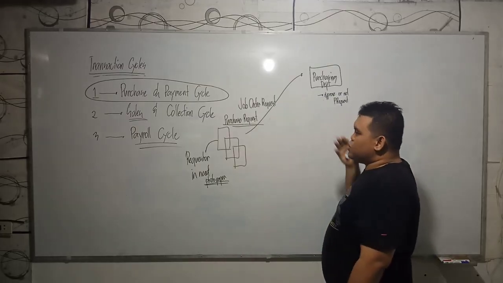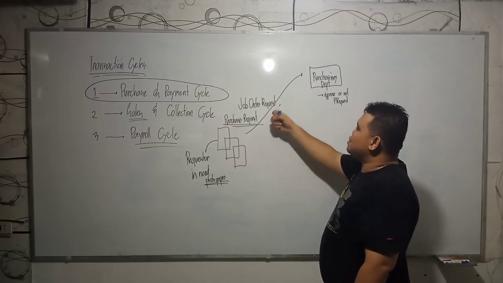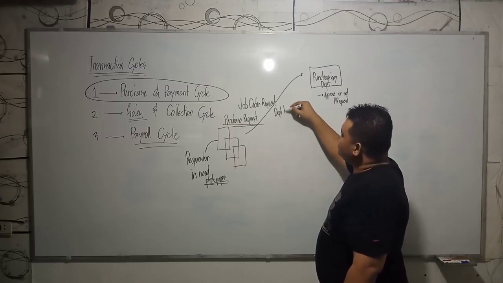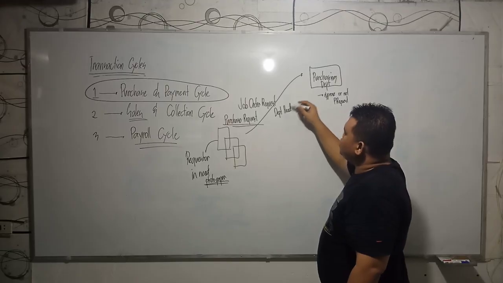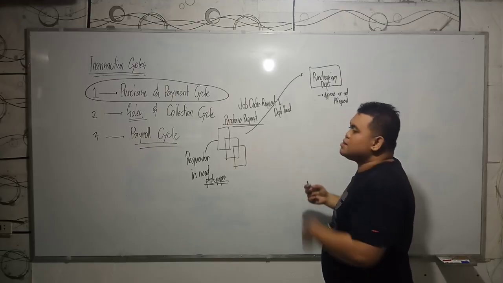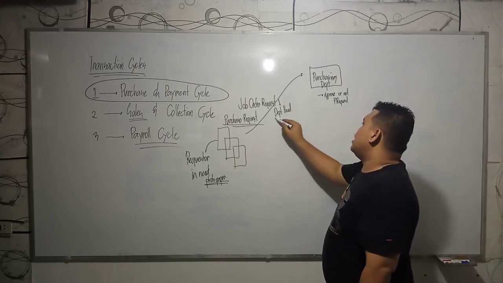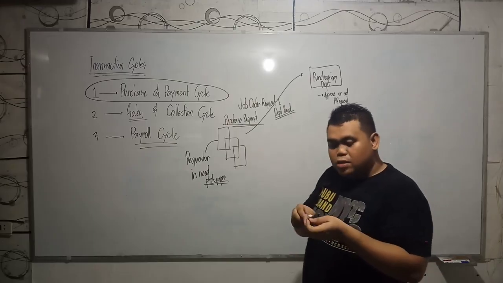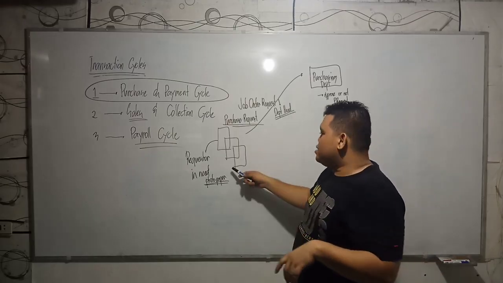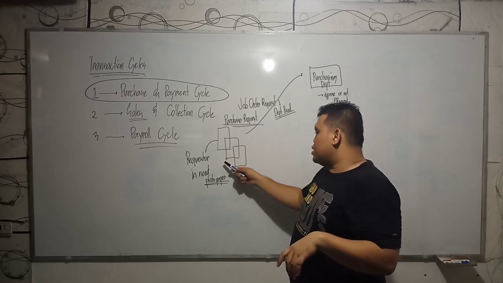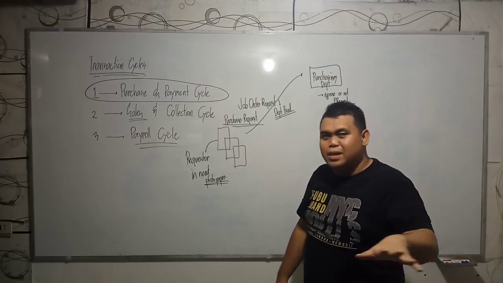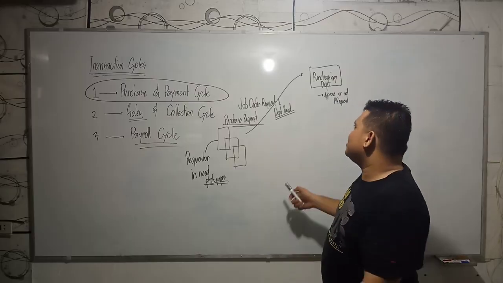Okay? But normally, the purchase request is submitted first to the department head by the requester, unless the department head is the requester also. So, after the approval of the department head, because the department head would need to assess whether this requester's purchase request is indeed needed in the department or the business operations.